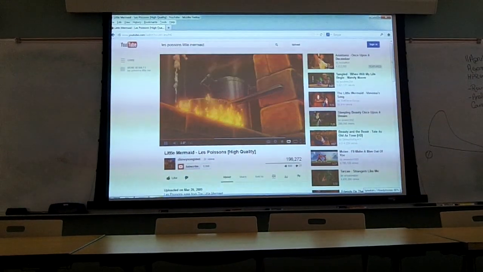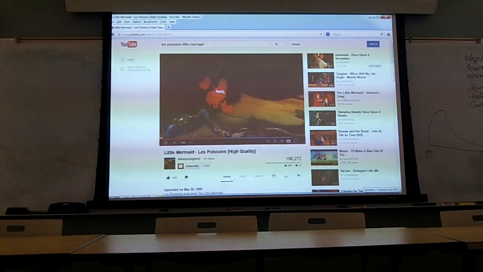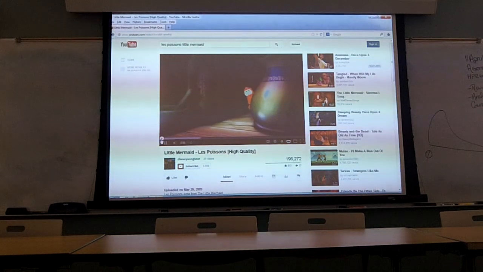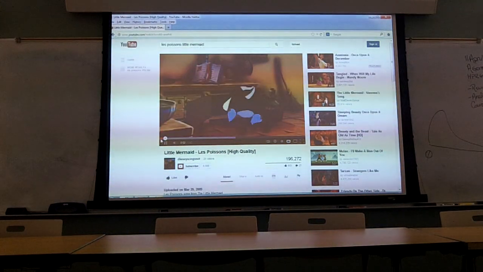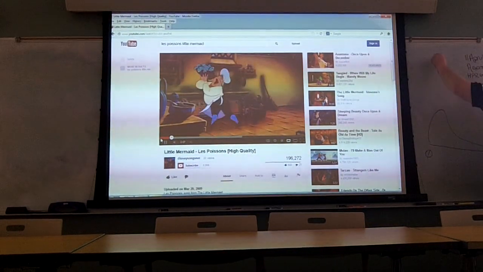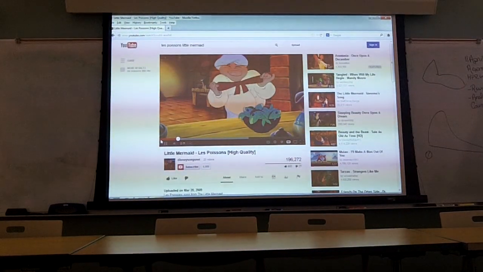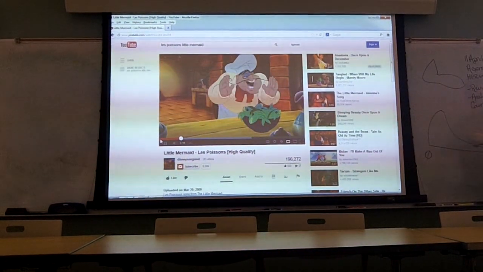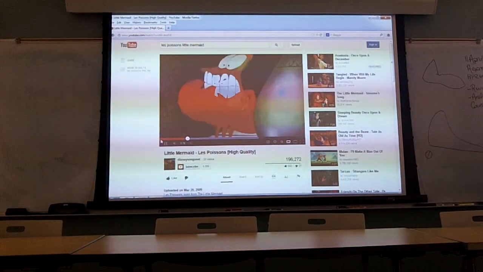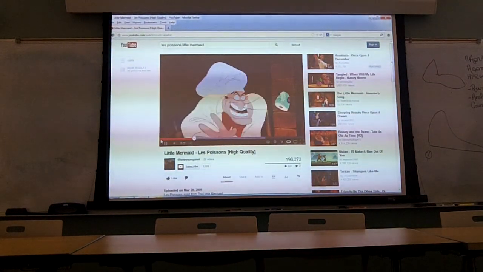Anyway, if you were to draw a fish, you might draw it this way, something like that. And if you look at the shape of this, it kind of looks like a fishtail.